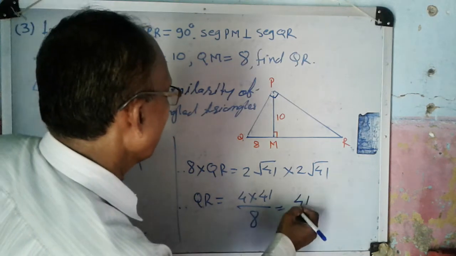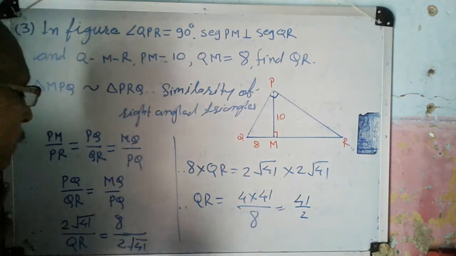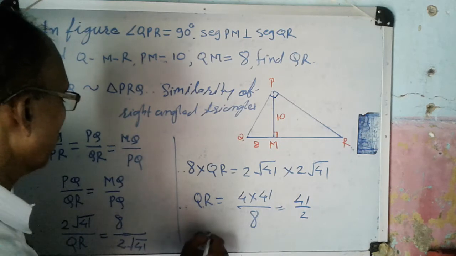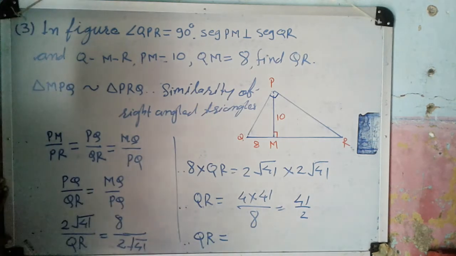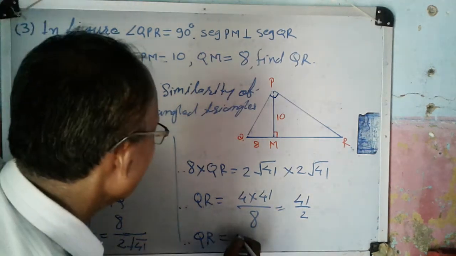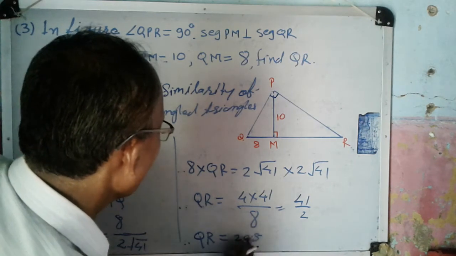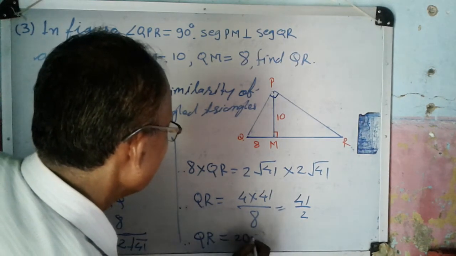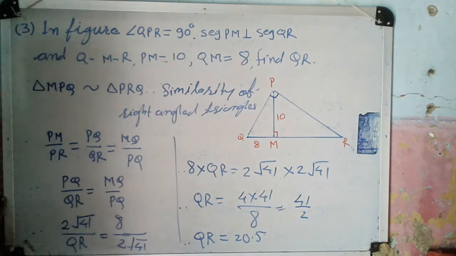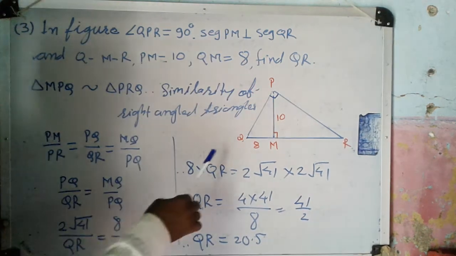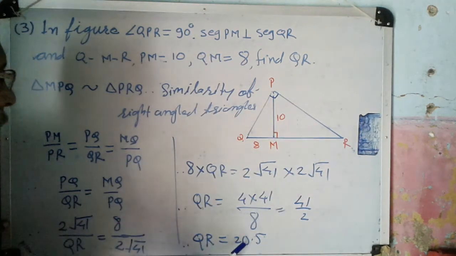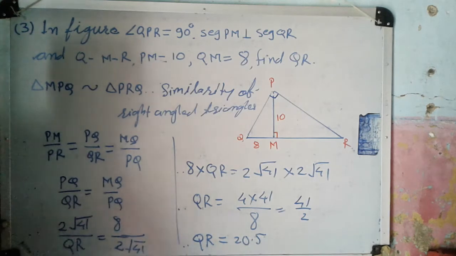So here we get 41 upon 2, and therefore QR is equal to 20.5. So this is our answer. Therefore the length of QR is equal to 20.5.